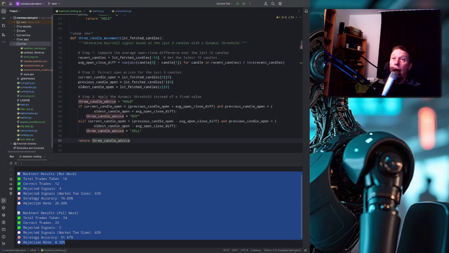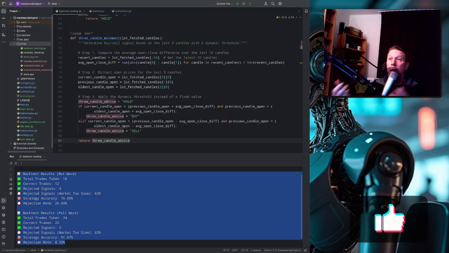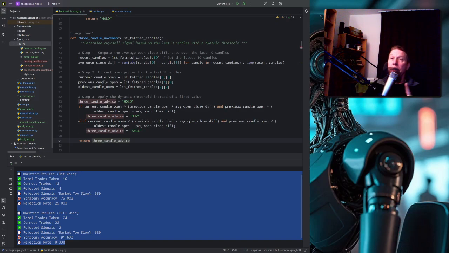And back. ChatGPT told me to try a dynamic number of candles instead of a fixed number, 3, 5, 7, what we did, but to use the last 10 candles. The open-close difference over the last 10 recent fetched candles will be calculated.